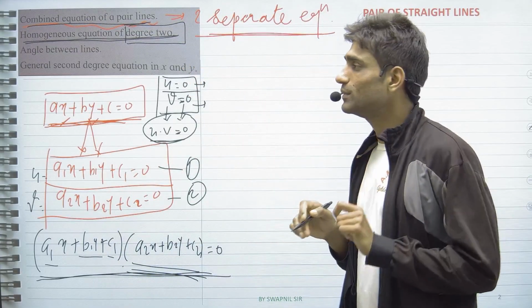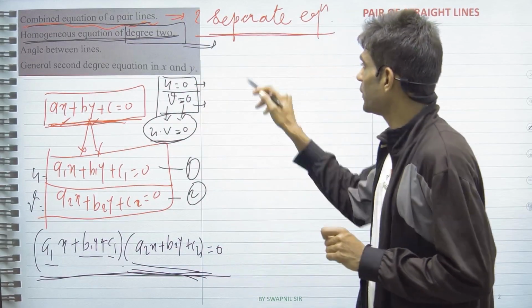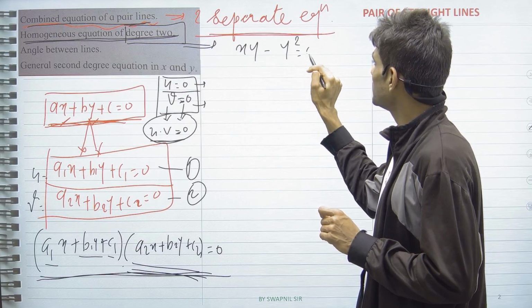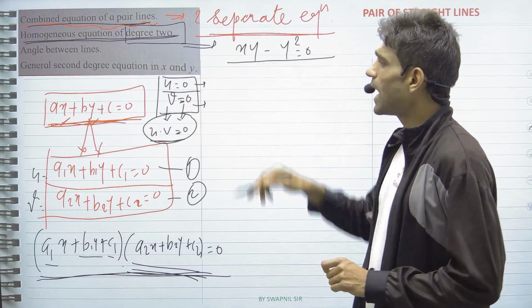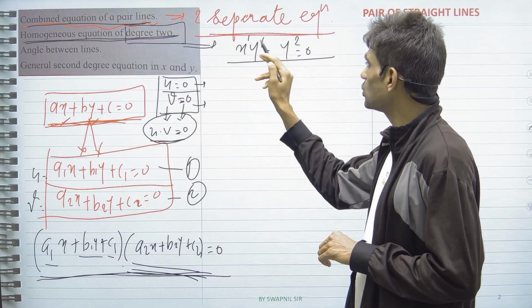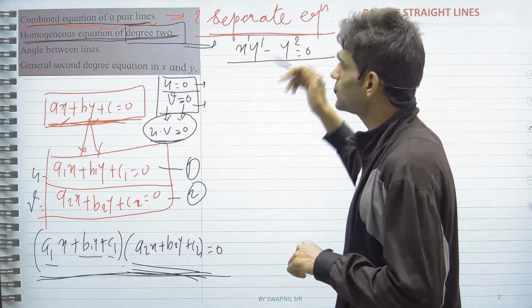Now let me take an example of a homogeneous equation of degree 2. Consider x into y plus y square equal to 0. Here x has power 1 and y has power 1, so together 1 plus 1 is 2, and y square also has power 2.